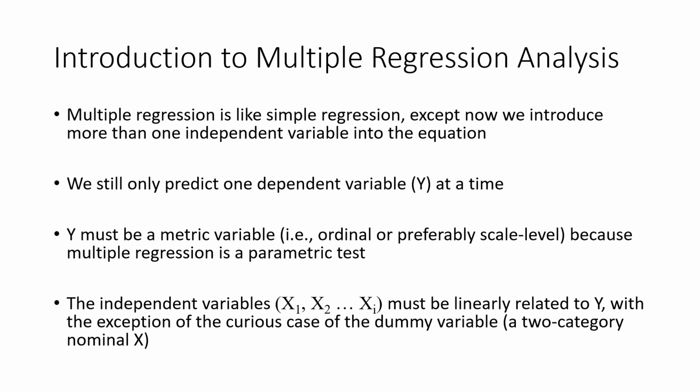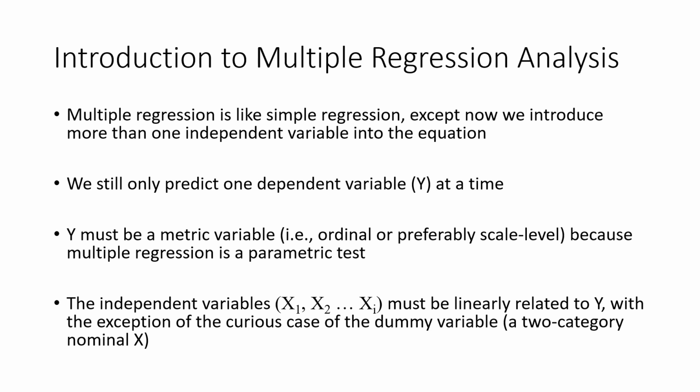So in the last chapter, in chapter 8, we learned about simple regression, and we looked at the simple regression equation, y equals bx plus a. Multiple regression is simply a multivariate extension of simple regression.